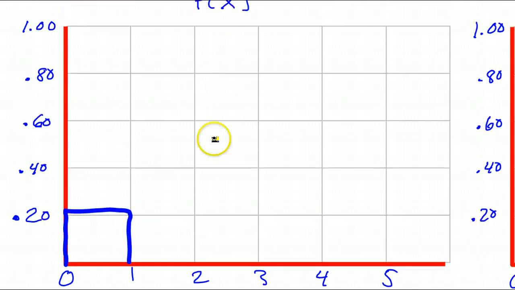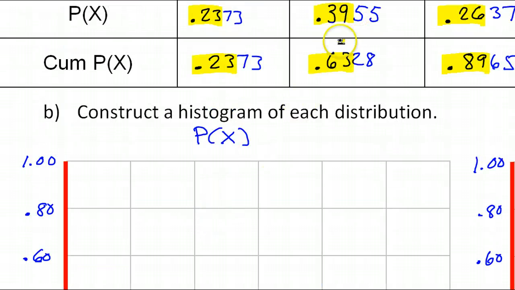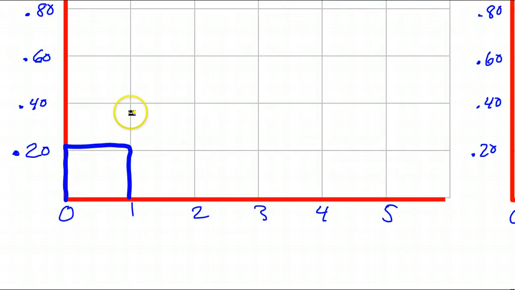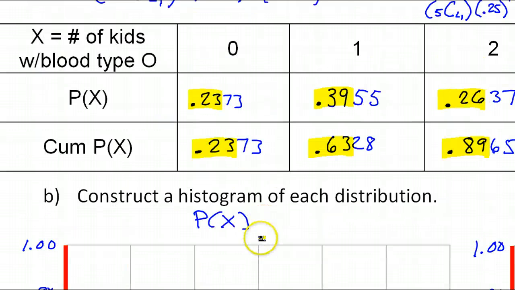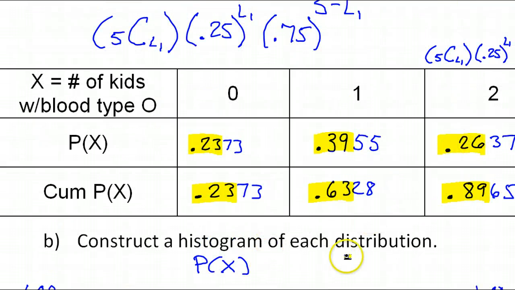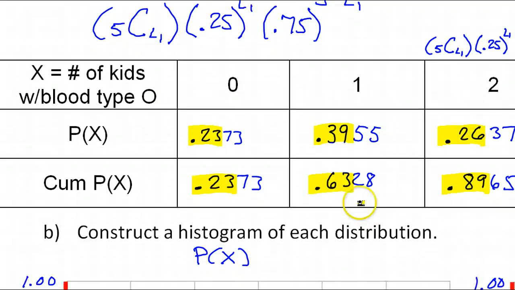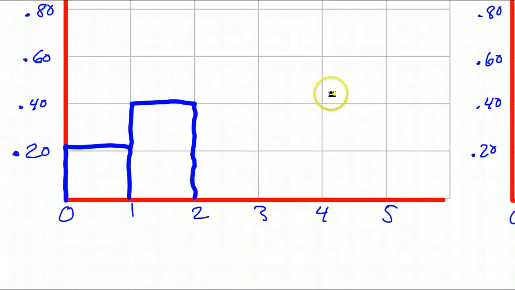Okay, there's my first one. The next one is 0.39, so that's virtually 0.40. Okay, number 2 is 0.26. Okay, so that's going to be right about here.